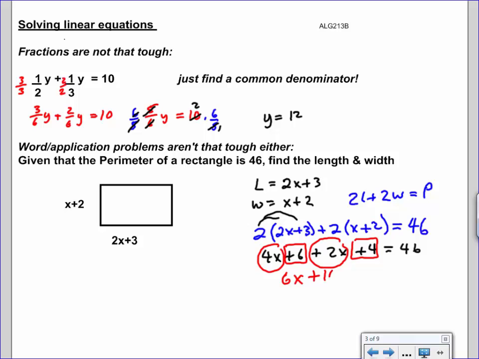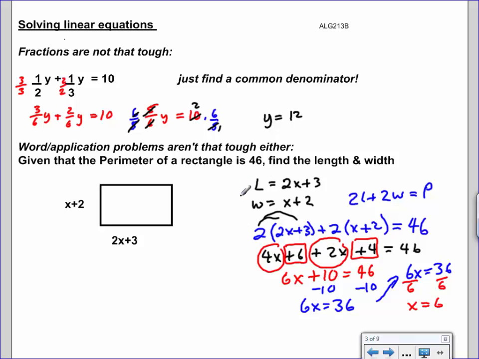It's 10. Two steps left. Subtract 10. Subtract 10. You now have 6x equals 36. And the one step left to get x by itself is to divide by 6. Okay, you know x is 6.